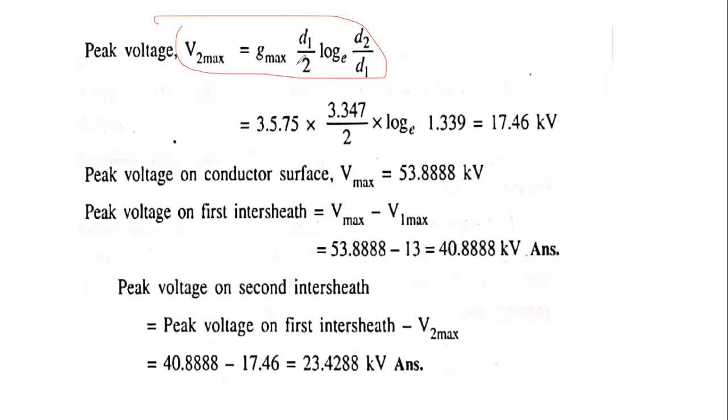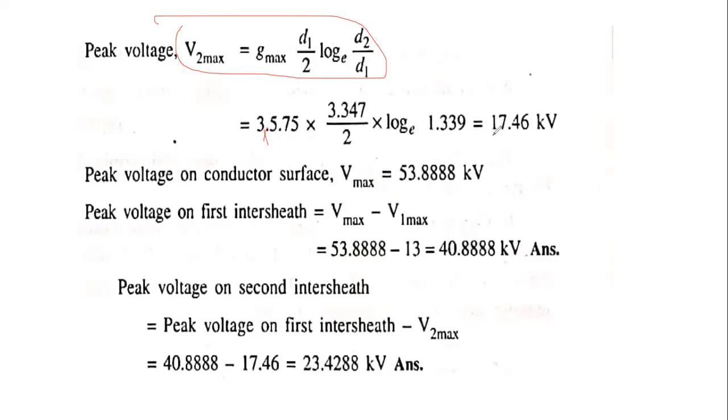Where G max is 35.75. Not 3.5, it is 35.75. It is 35.75 into D1. D1 is 3.347 by 2 log E. D2 is 4.4 by D1 is 3.347.